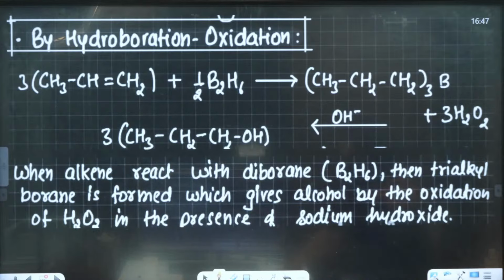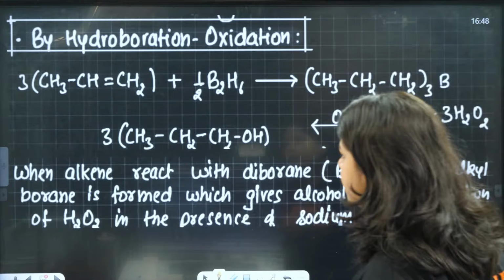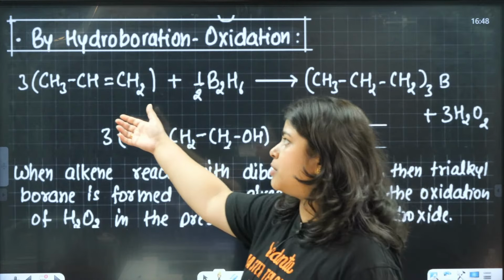This is very important. In the hydroboration method, same as before, we have taken CH3, CH double bond CH2.